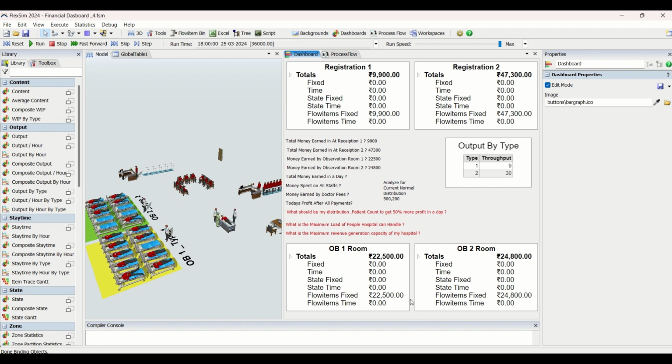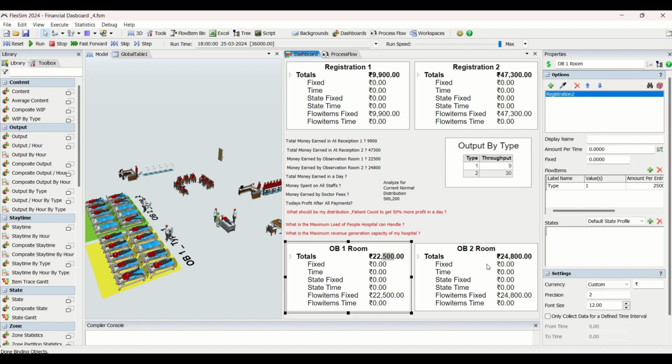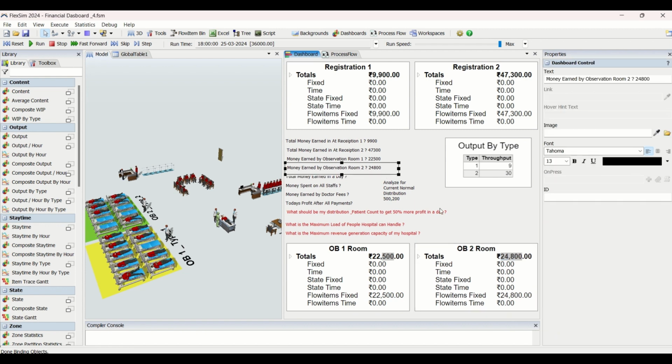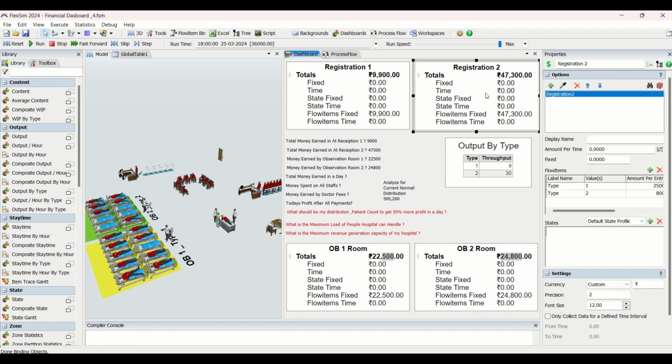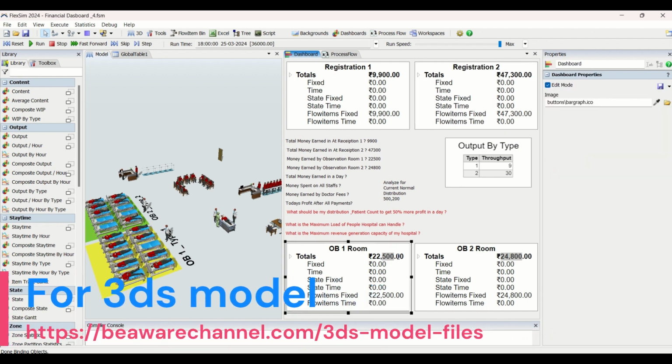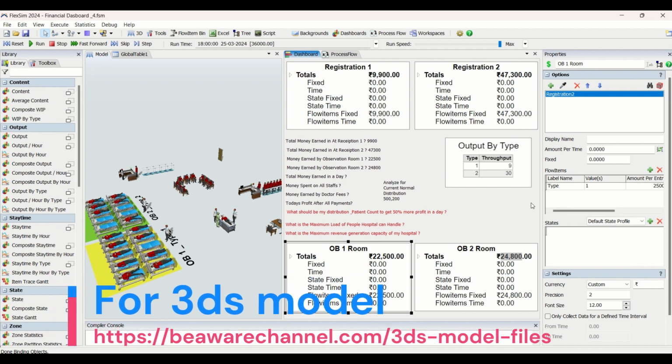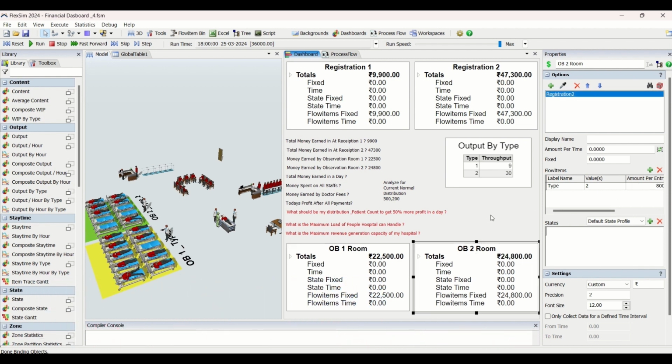So if you look at it, we have 22,500 revenue generated, and we have 24,800 as revenue generated in here. And here we are going to have 47,300 rupees being generated. So this is how we are going to add a component where we need to put in the cost for running equipment, put a cost for running a facility.